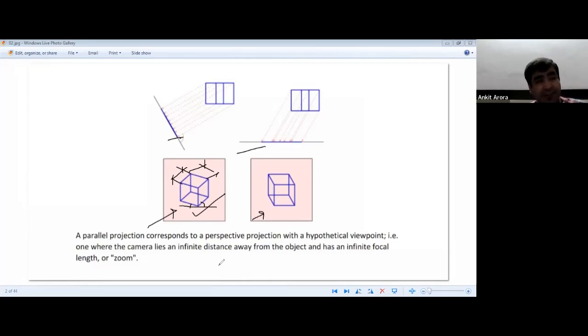So let's say you have to construct a cube. If you give this particular drawing, everybody will be able to understand how it looks from the front, how it is looking from the side, and how it is looking from the top, or how the 3D could be generated. So 2D to 3D, 3D to 2D, you can do it very easily.